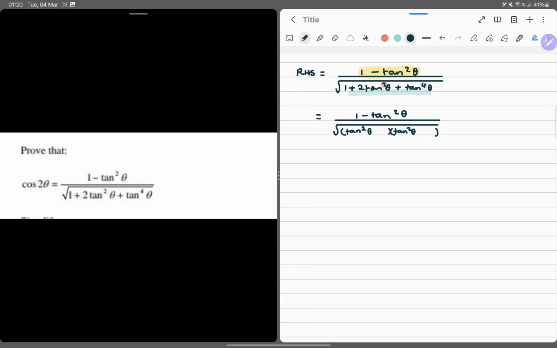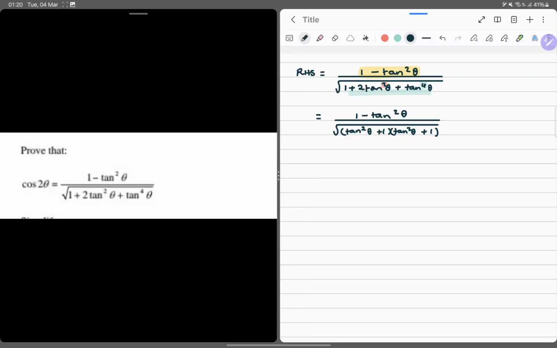To get the middle term, this should be plus 1, plus 1; really the order doesn't matter here. Tan squared theta times tan squared theta gives us tan to the exponent 4 theta. Tan squared theta times 1 and tan squared theta times 1, added, give us 2 tan squared theta. And 1 times 1 gives us 1.